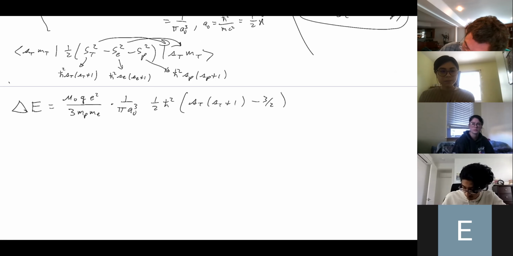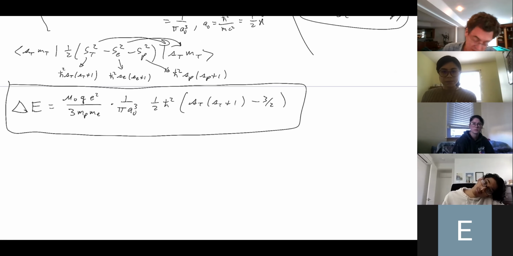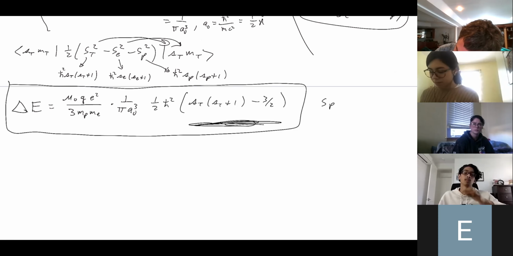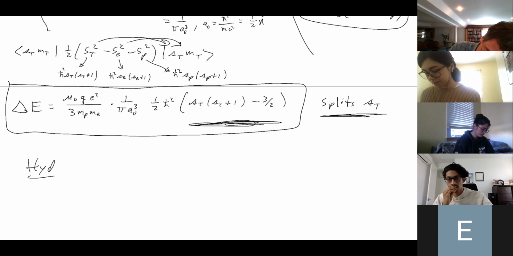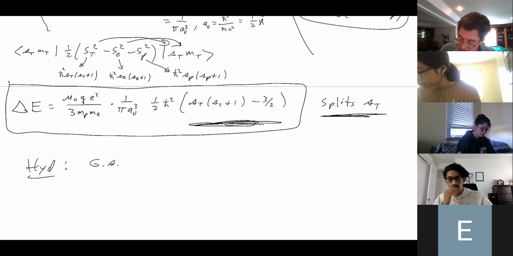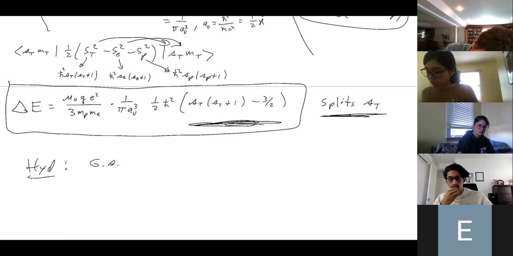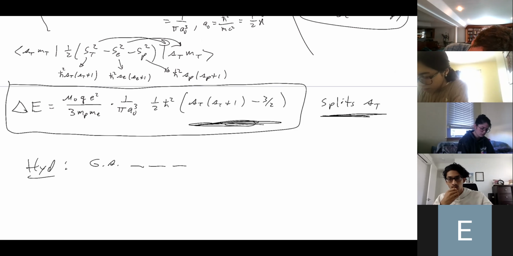That's the answer. And so what we can do then is we see that we get a splitting. We see that it splits S total. And so for hydrogen, the ground state of hydrogen is going to be these four states, the degenerate 4 states.